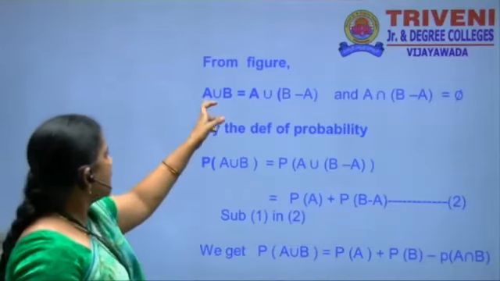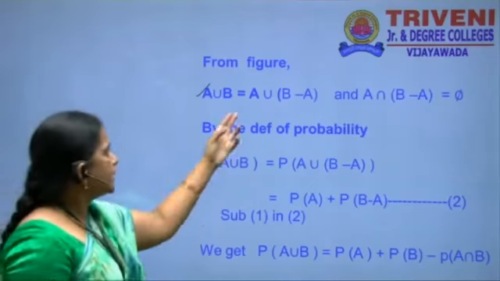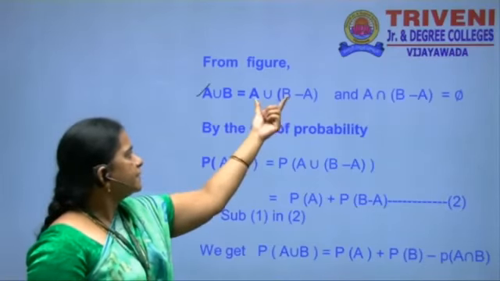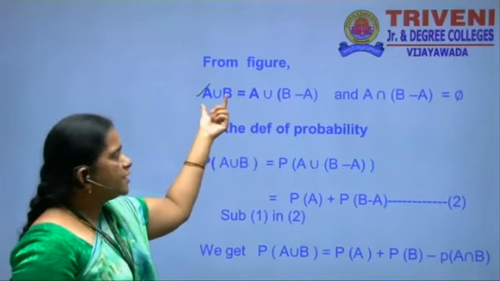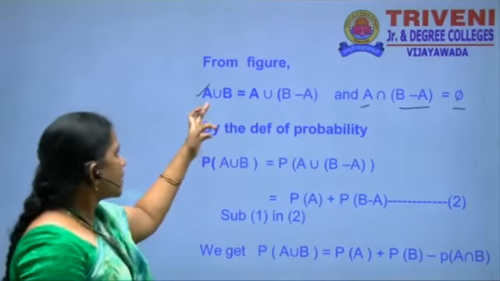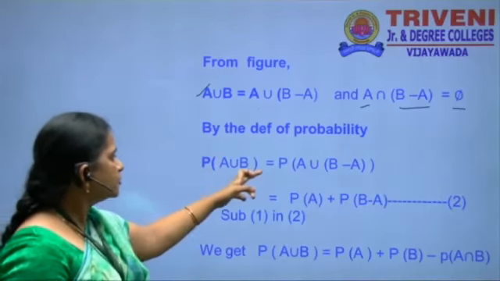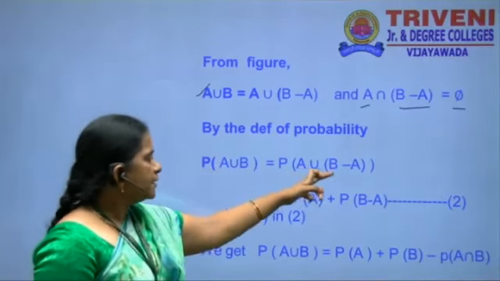From the figure, you have to know another one: A union B is equal to A union (B minus A). These two union is A union B, but these two intersection is phi. Applying probability on this, P of A union B is equal to P of A union (B minus A).